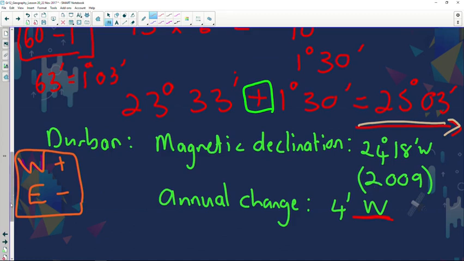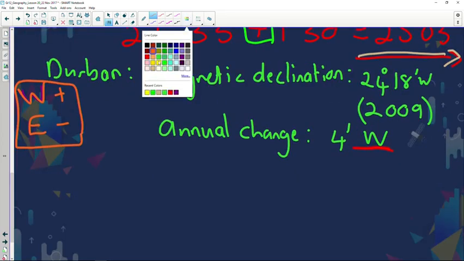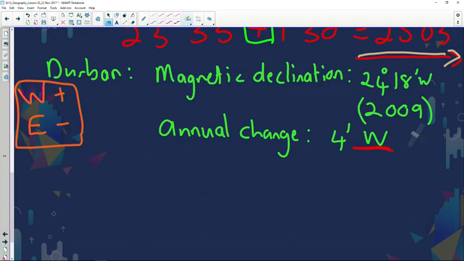And then the question asks, calculate the present magnetic declination. So the present magnetic declination will be for the year 2017. So let's quickly do this calculation. First of all, we need to get the difference. 2017 minus 2009.